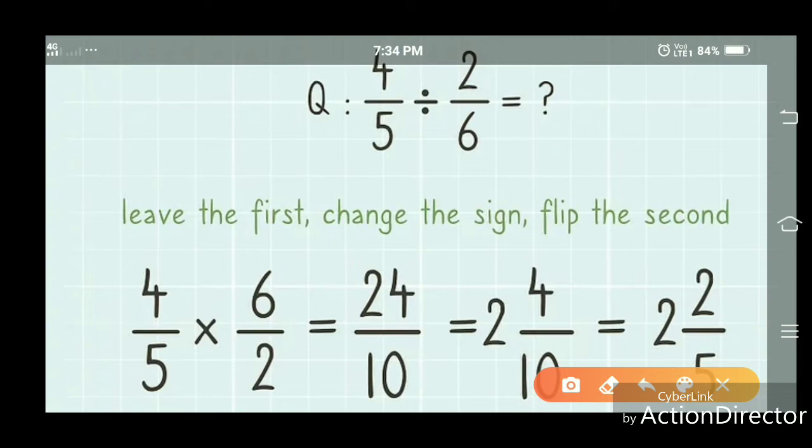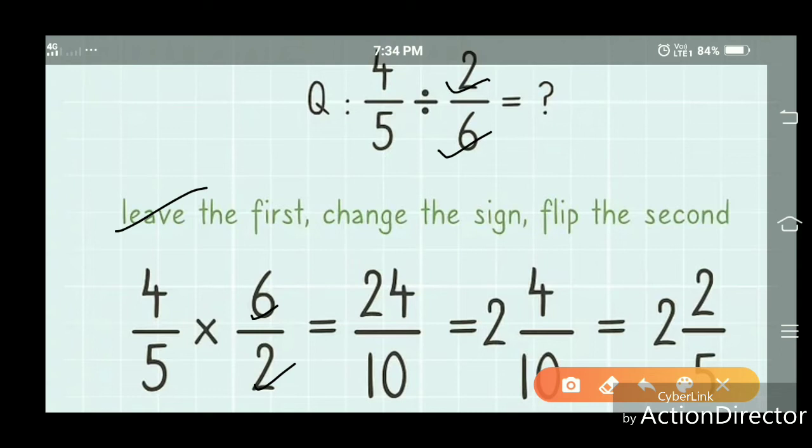4 upon 5 divided by 2 upon 6. Leave the first, change the sign and flip the second. 4 upon 5 multiplied by 6 upon 2, because here 2 is the numerator, so 2 changes into the denominator, and 6 is the denominator here, so 6 changes into the numerator.